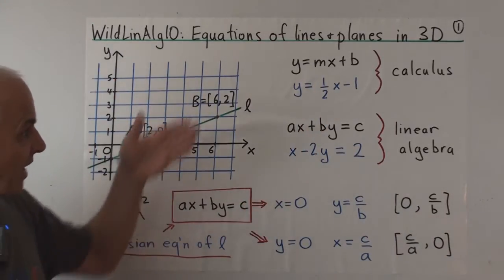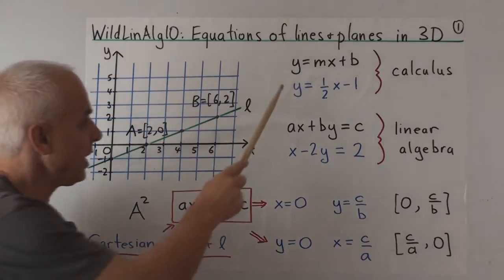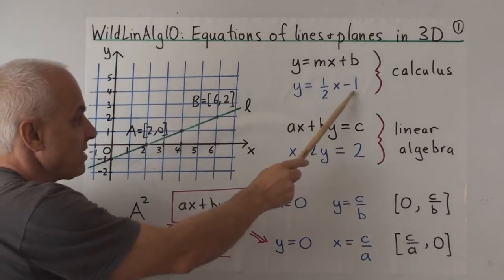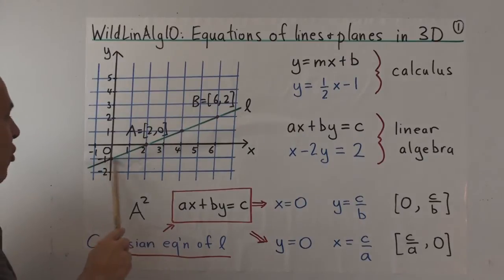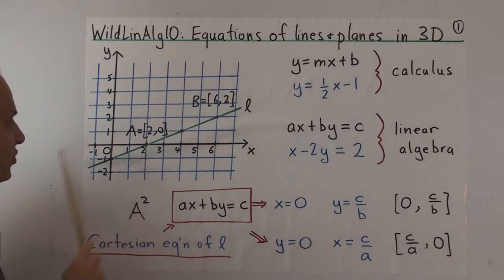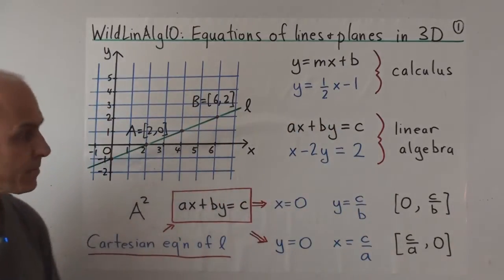That emphasizes the fact that y is a function of x. In that notation, this line here would be the line 1/2 x minus 1, because the y-intercept is minus 1, and the slope of the line, the delta y over delta x, is 1 over 2. There's the slope, and there's the y-intercept.